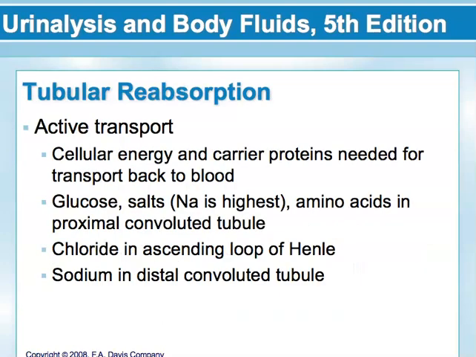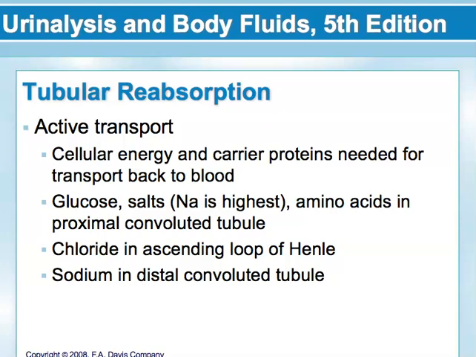Okay, in the process of tubular reabsorption, when the ultrafiltrate enters the proximal convoluted tubule, the nephrons begin reabsorbing those essential substances. Some reabsorption mechanisms can be divided into active and passive transport.